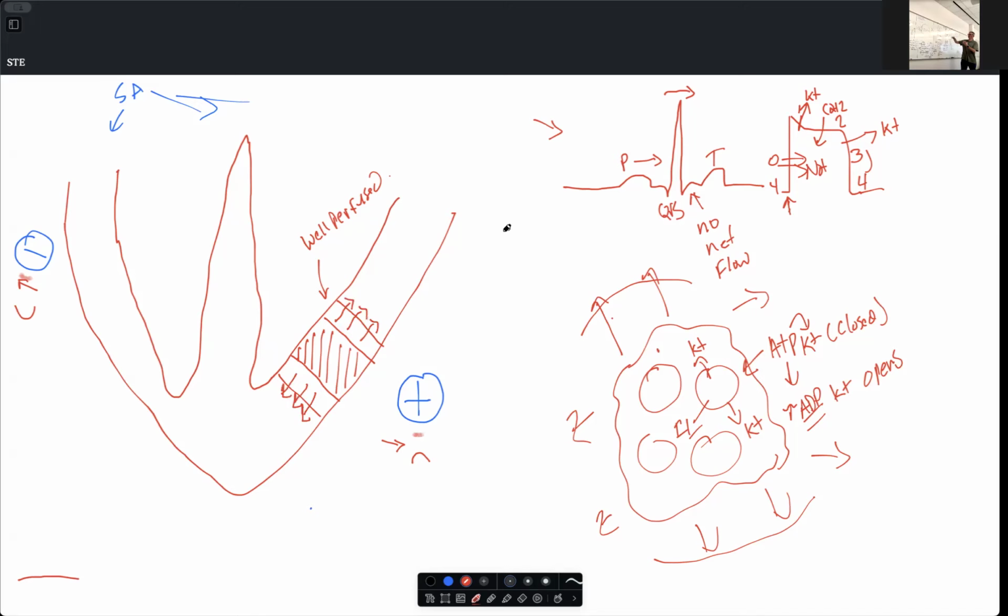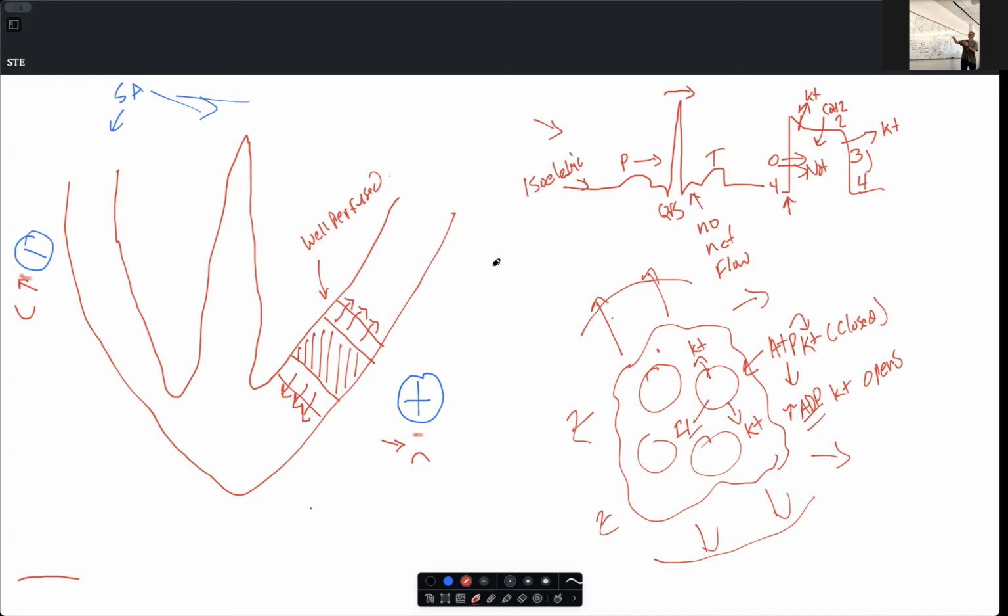And so what you get is, remember your baseline is the isoelectric line, where you don't have any net flow. But the problem is I have this constant current, this constant difference in charge, right? This constant potential difference, pushing out away from the positive electrode in this direction.